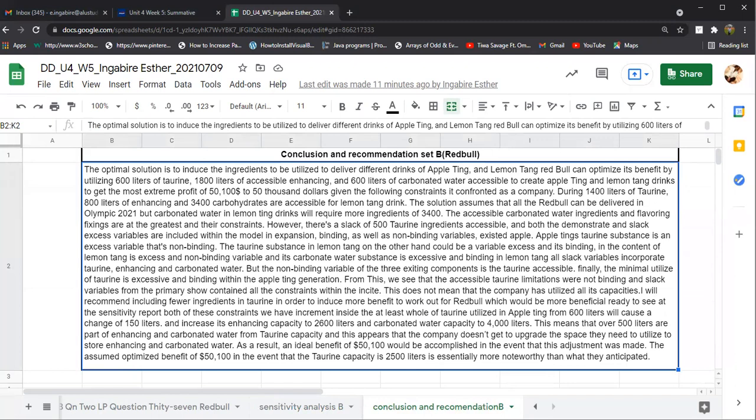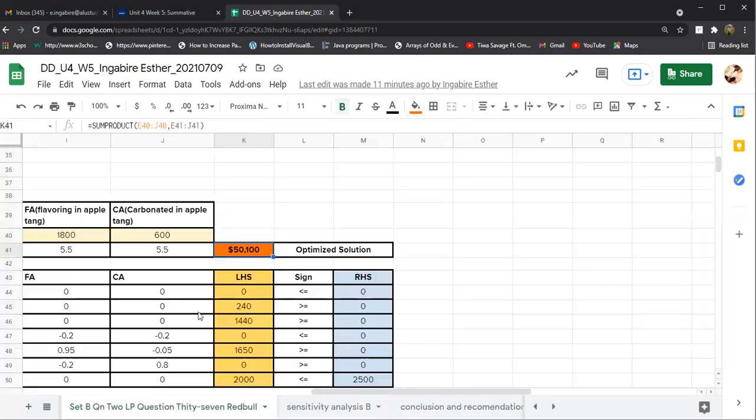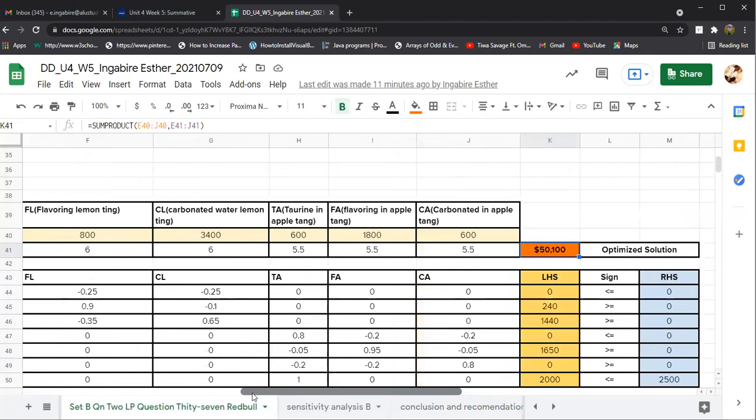So on the optimal solution for Red Bull, the ingredients of the apple and lemon tang drinks are 600 taurine, 180, 800, 340, 600, and 1,800, and the carbonated water in apple tang, which is 600.